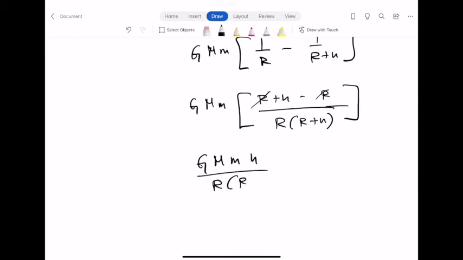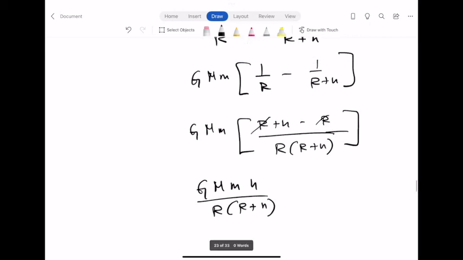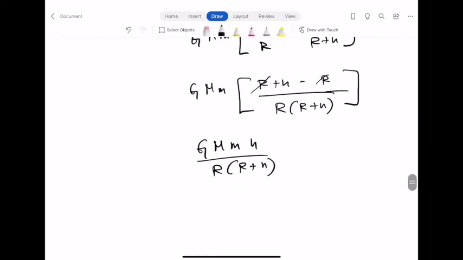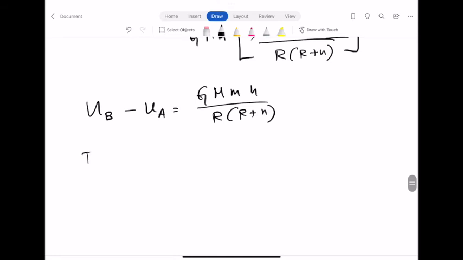This is the potential difference between 2 points, where one point is on the surface of the Earth and the other point is at a distance h from the surface. So this is our UB minus UA. Now, if we assume that h is very, very small in comparison to the radius of the Earth, then there is no harm in ignoring the h in the denominator.